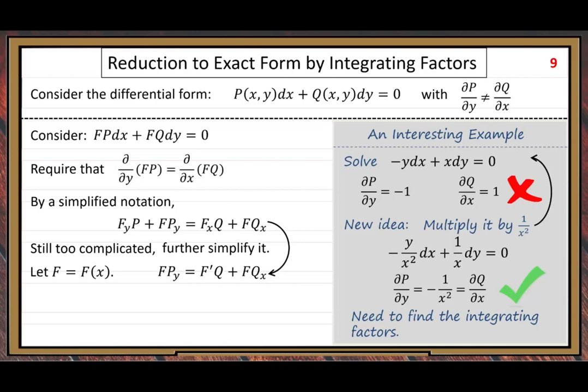When you use prime, what's the meaning? Here, partial F over partial X we can write as F prime, because the partial is gone. That's our usual understanding of F prime. So we get the simpler form.